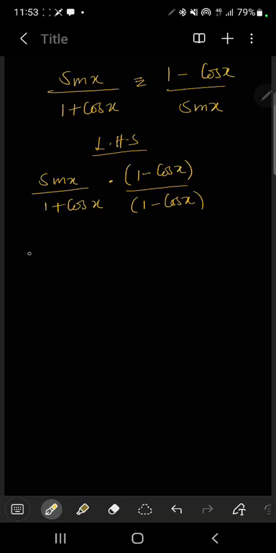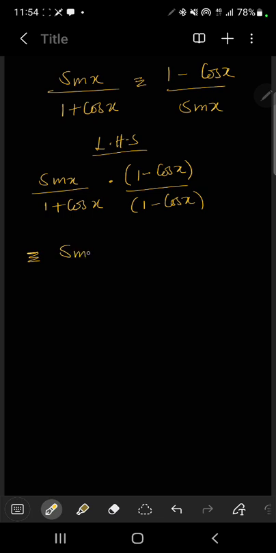Now with regards to the numerator, let us not be in haste to expand, because expanding complicates the expression.